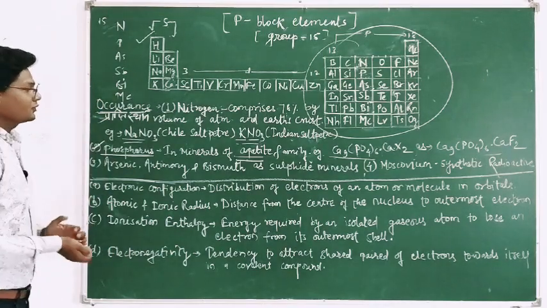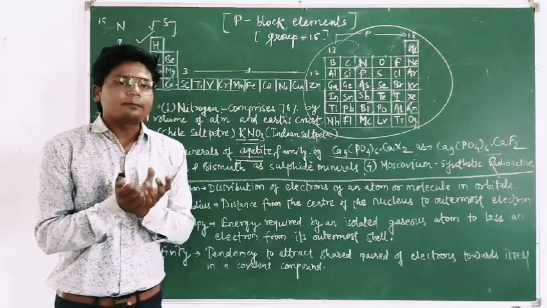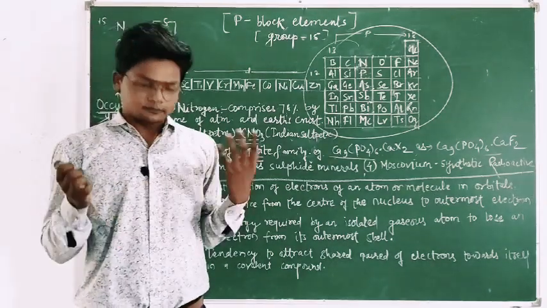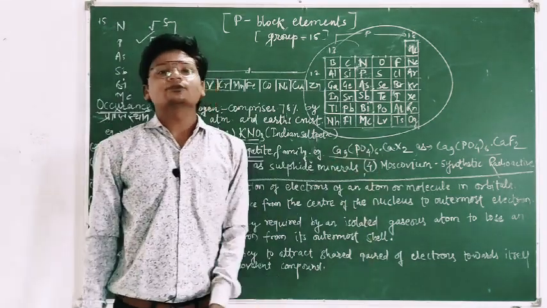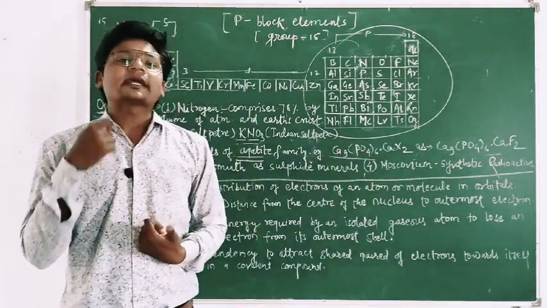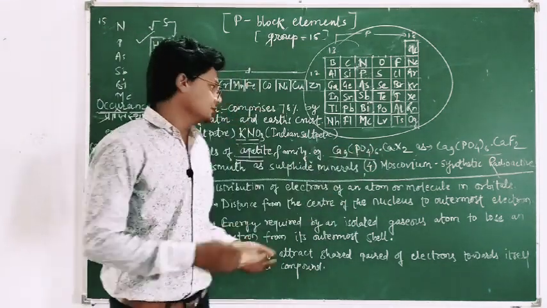About phosphorus. Phosphorus is found in the minerals of apatite. What are apatites? Apatites are a combination of two different compounds. One is calcium phosphate and the second one is calcium halide. So this combination is known as apatite.